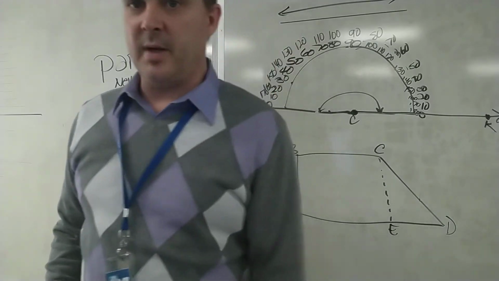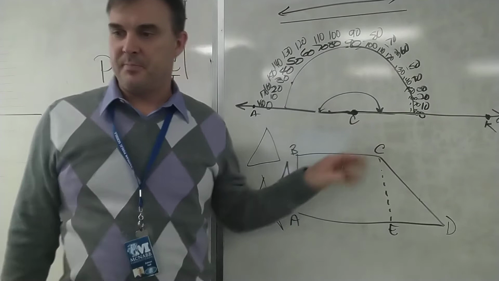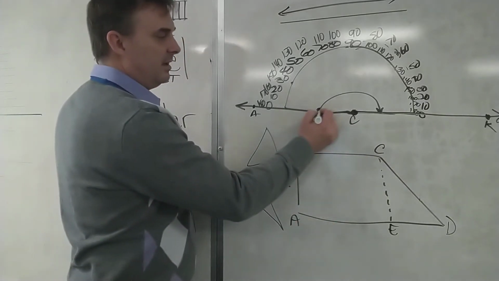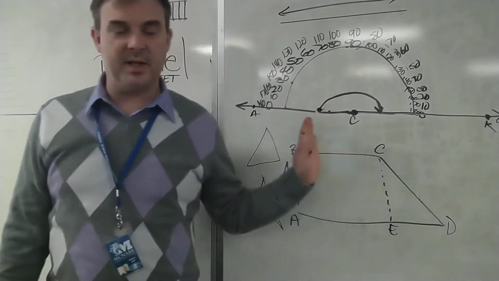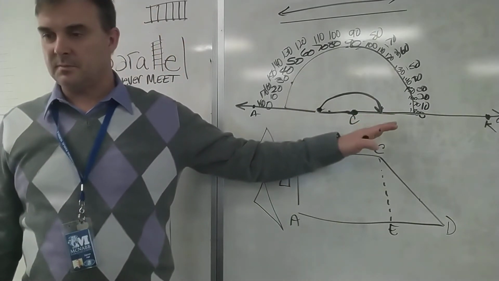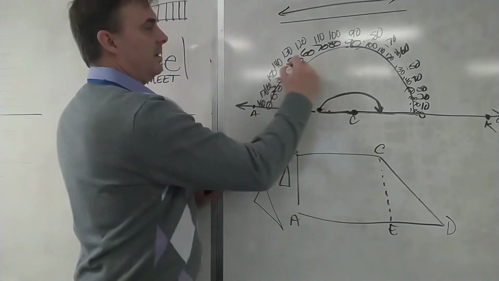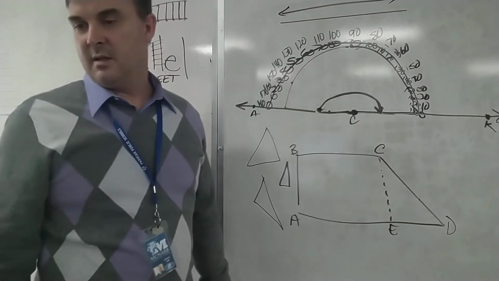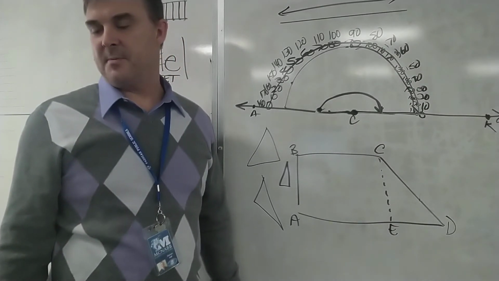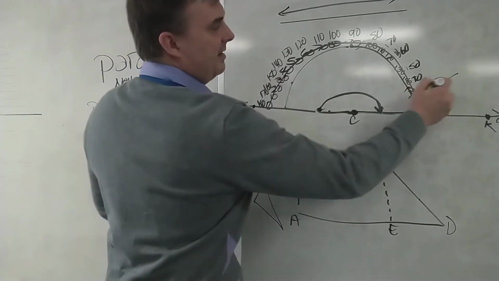It's not part of the quiz, but how many degrees is in a straight angle? If it starts at 0 and goes all the way around, how many degrees is that? Not 150, 150 is right here.